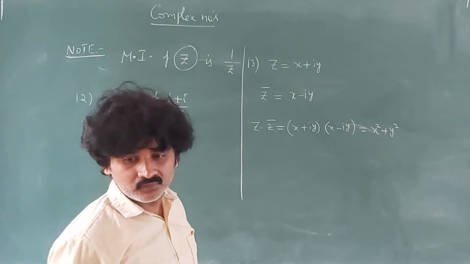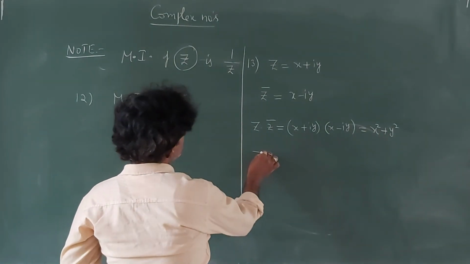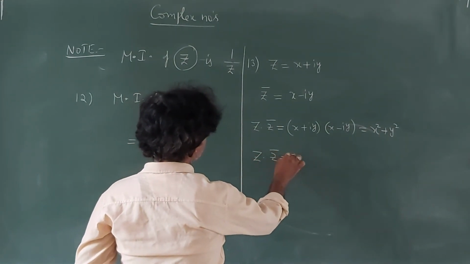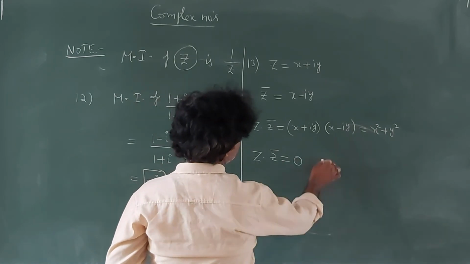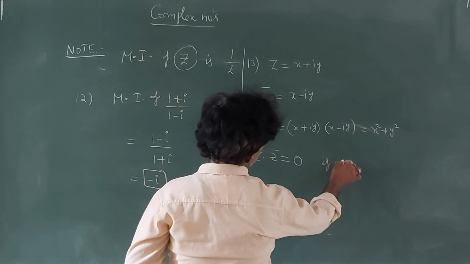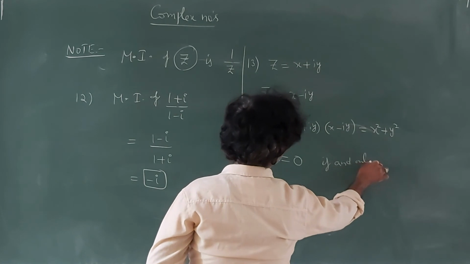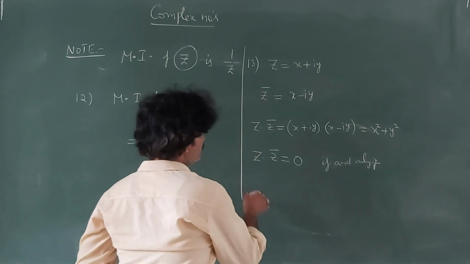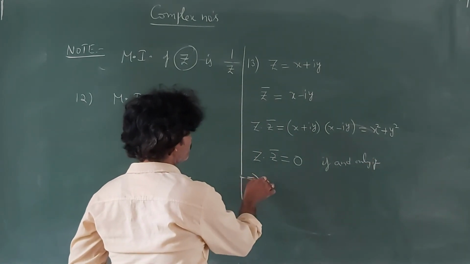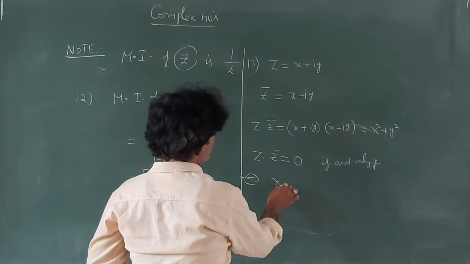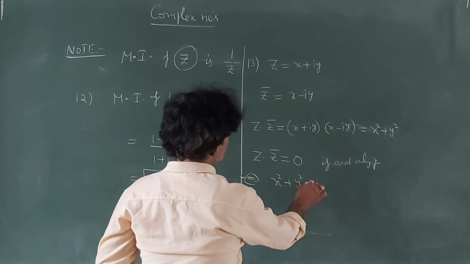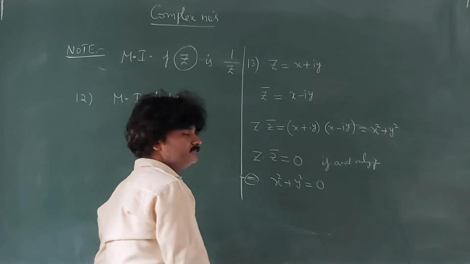Now let us come to the question. What they gave? z into z bar is equal to 0 if and only if. So z into z bar is 0 means x square plus y square equal to 0.